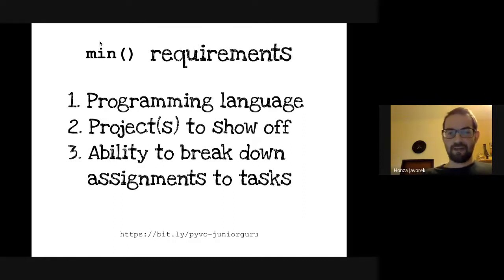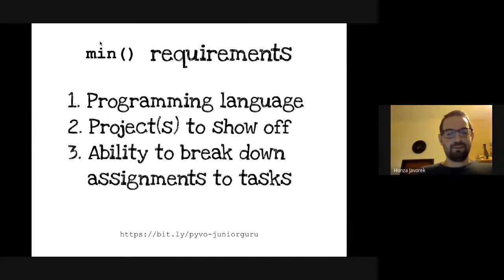Third, the ability to break down assignments into tasks. So this is an ability. Let's say I give you an assignment to create a program which takes Roman numbers from the user and translates them to Arabic numbers.